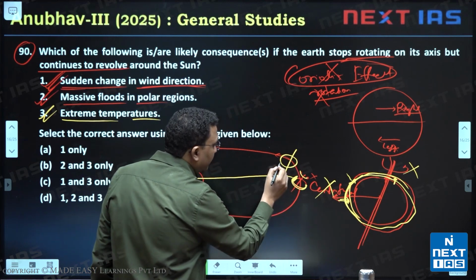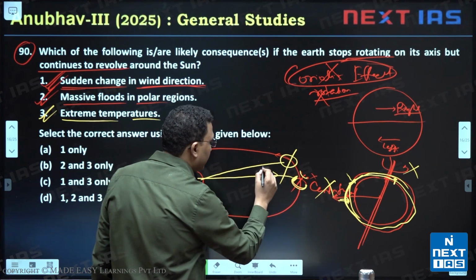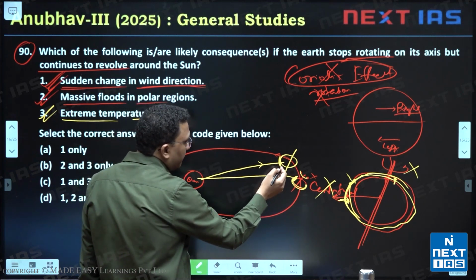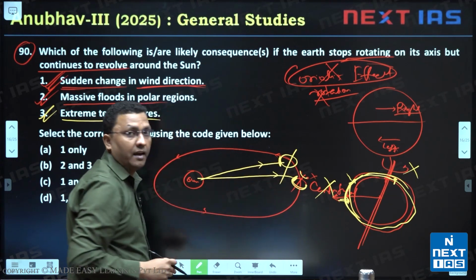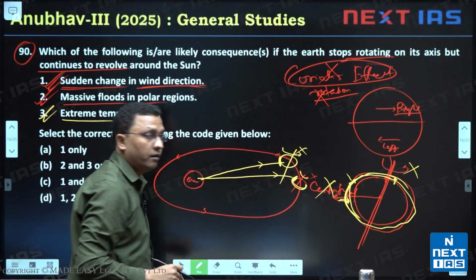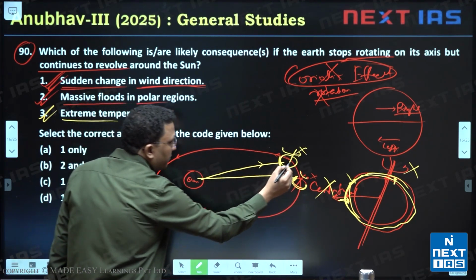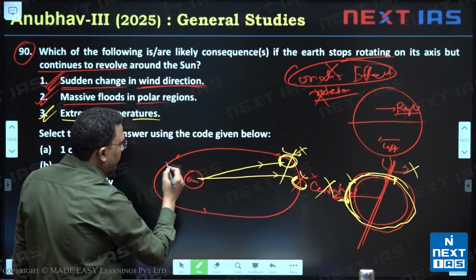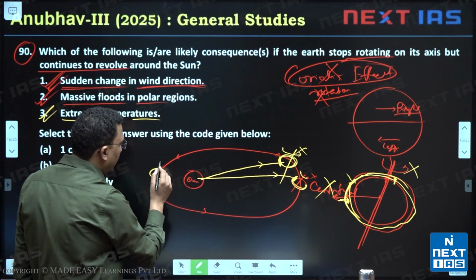The side of earth that is facing the sun will stay facing the sun for a long time, because now this rotation is gone, right? It will keep facing the sun until, because of revolution, this face actually goes away from the sun.